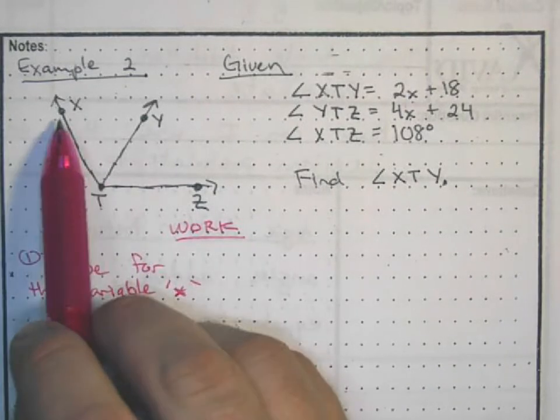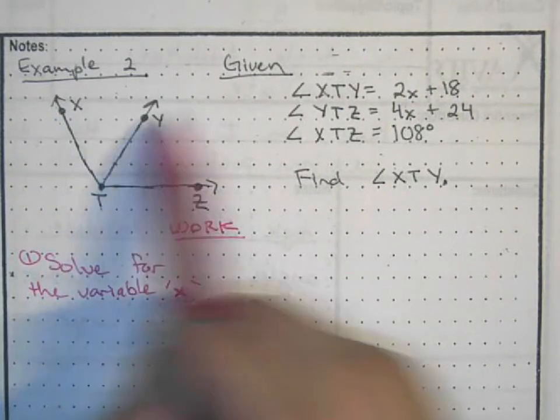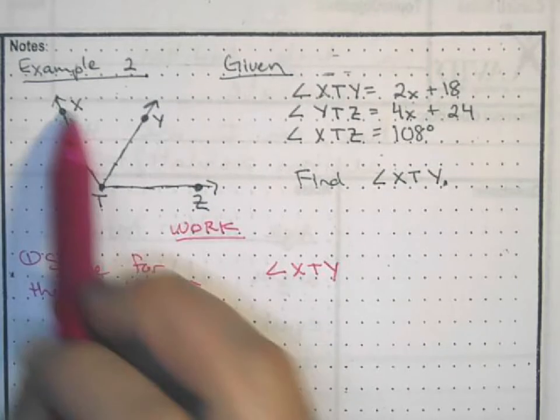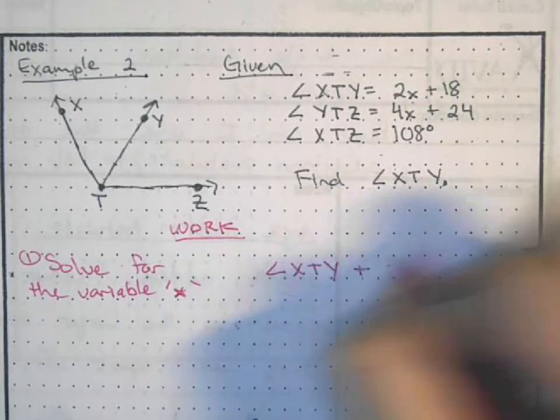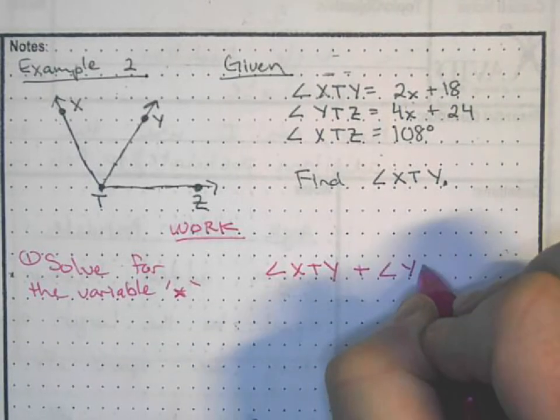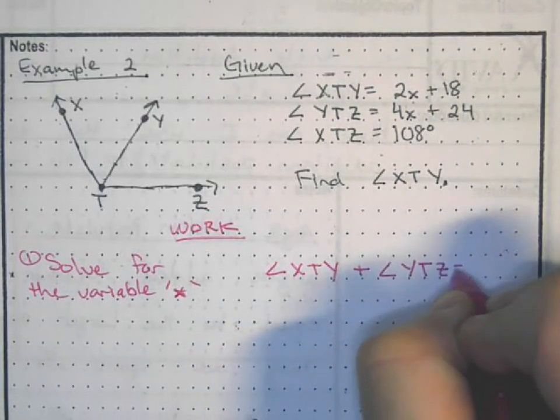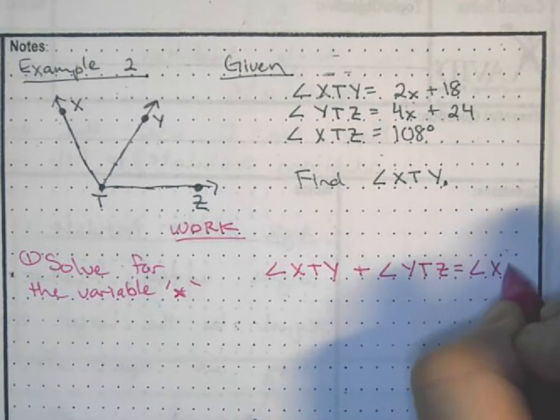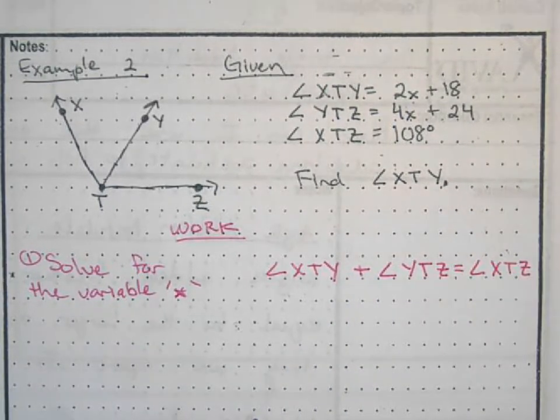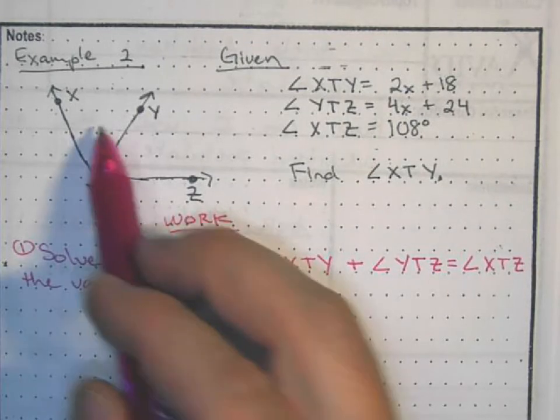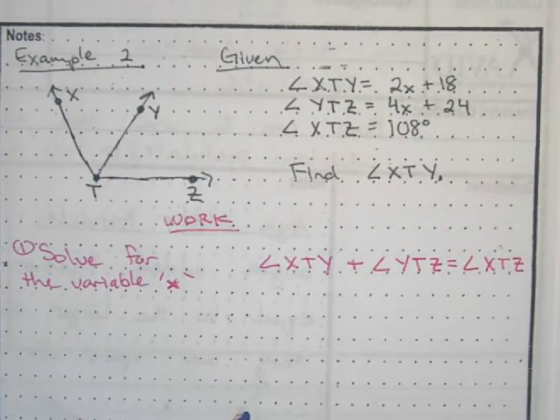I'm going to take the little angle, XTY, that's this one, plus my larger angle, YTZ. If I add these two angles together, I get angle XTZ. So the piece plus the piece equals the whole.